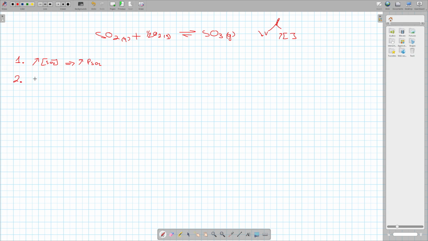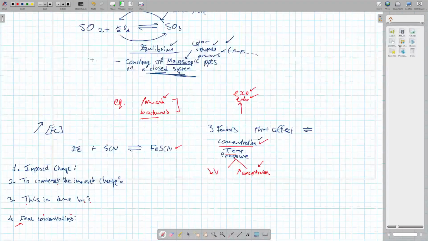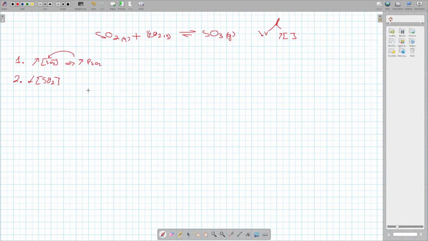So obviously, to counteract this, we have to decrease the pressure of SO2, or in other words, decrease the concentration of SO2. So the partial pressure, increasing the concentration to increase the pressure, is the same as when we solved the examples that had to do with concentration. So okay, now it has to decrease the concentration of SO2, which in turn, when you decrease the concentration, will decrease the pressure of SO2.